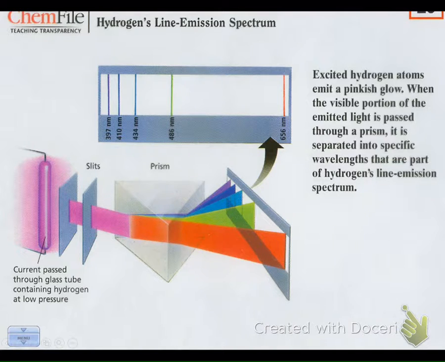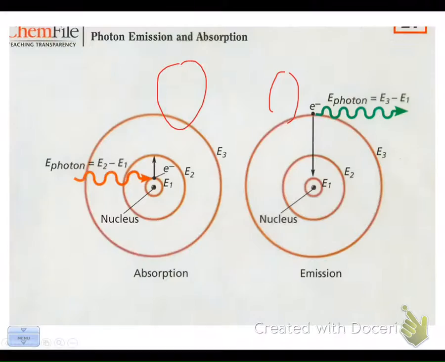We pass it through a slit, and then we pass that light through a prism. And the prism, due to the laws of refraction we covered in a different video, bends light at different angles as it goes through, white light that is, and it separates into its components. And those components come out and end up being the vertical bars we saw.